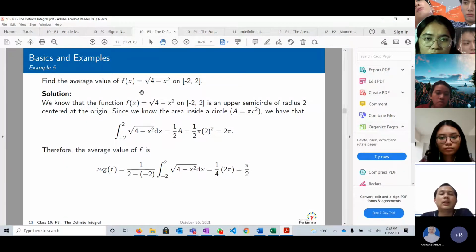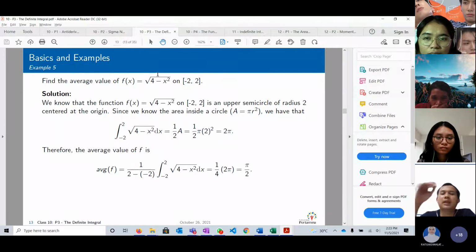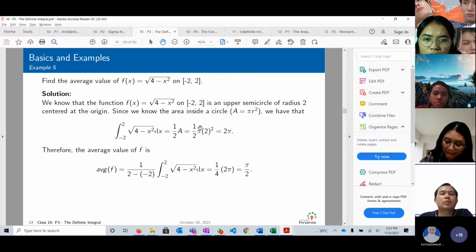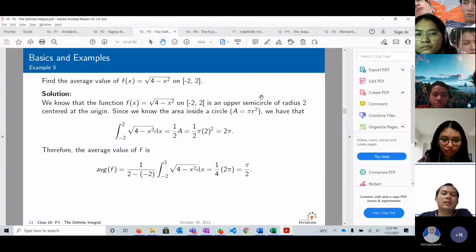Ya, jadi di sini f(x) adalah setengah lingkaran dengan jari-jari 2 pada dasarnya, yang ada di sebelah atasnya sumbu x. Then we know that it is easier for us to compute the area by using this formula, ya.